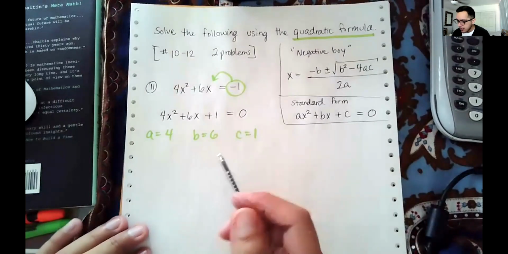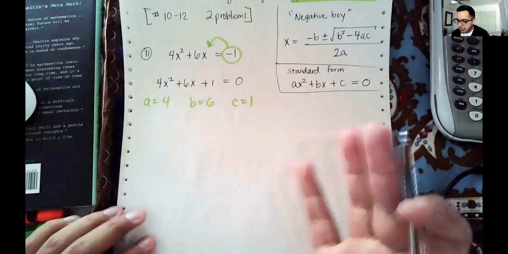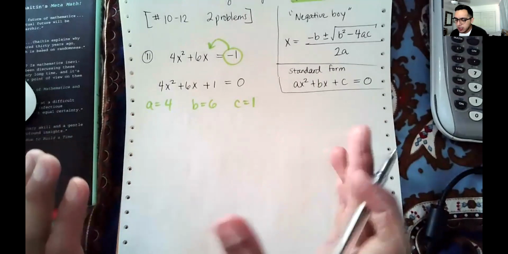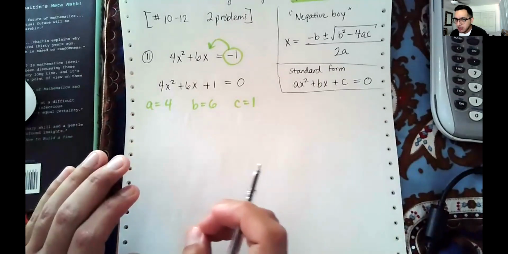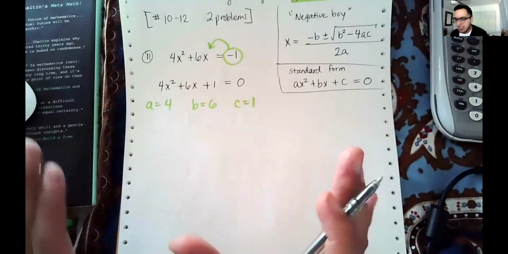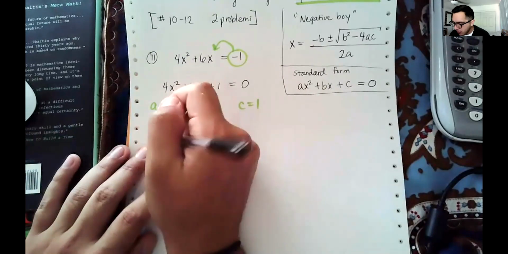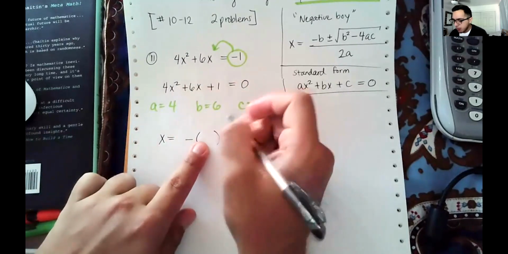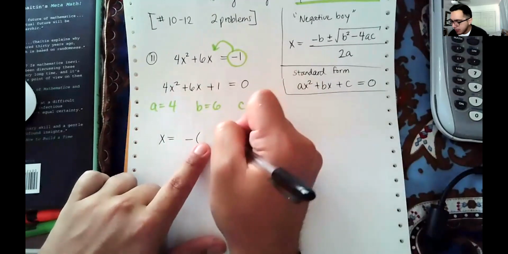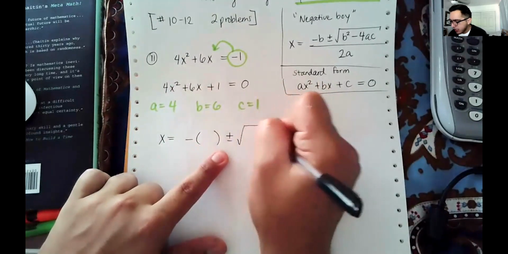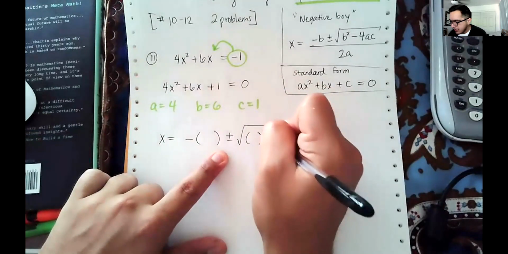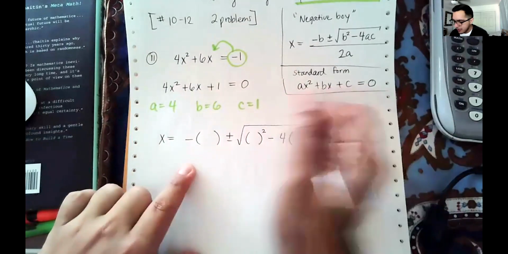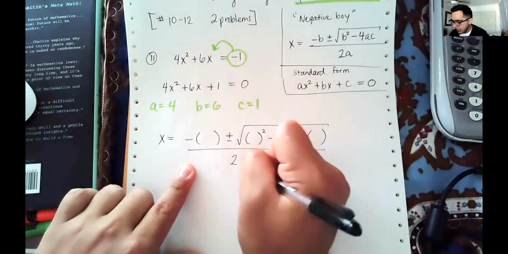Okay. And what I would recommend doing if you were solving this by hand is plug everything in, and then there's a specific order in which you will simplify the expression so that you run the risk of making fewer mistakes, okay? So first, x is equal to, we're going to do negative b. So I'm going to open up parentheses wherever there's a number that I'm plugging in, plus or minus the square root, parentheses squared, minus 4 times something else, all over 2 times something.